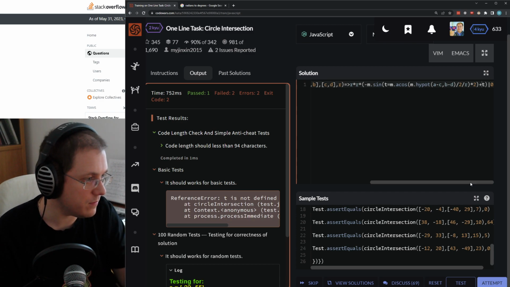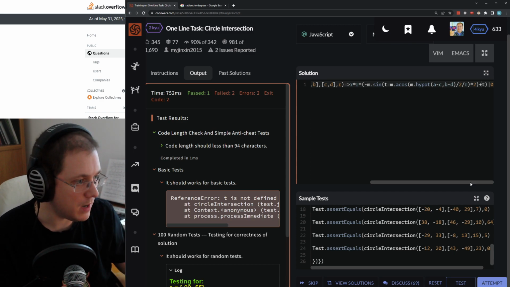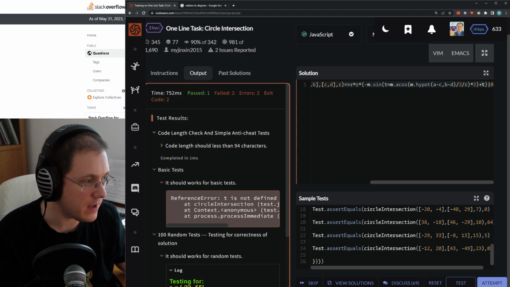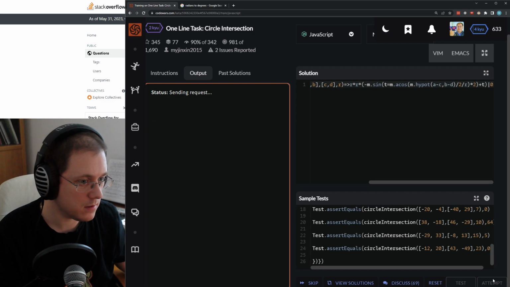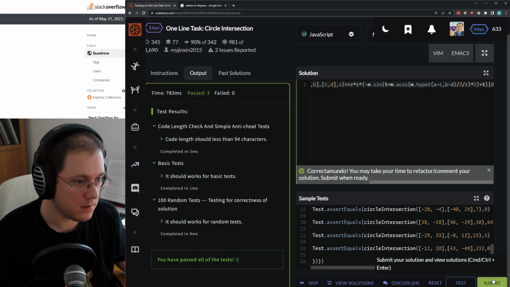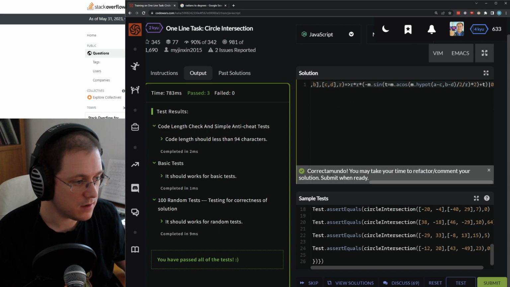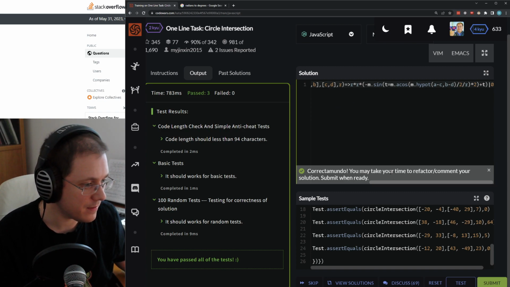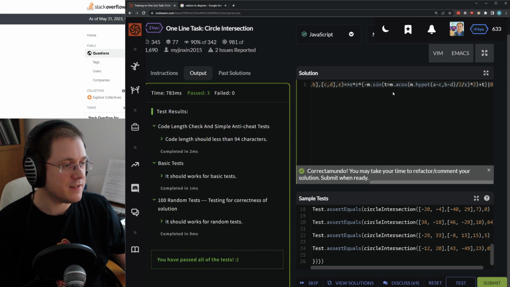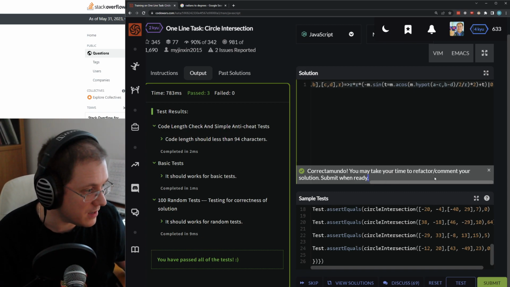So then we're doing some value minus the sign of that value plus t, which is now assigned. Oh yes, correctamundo. Nice. Well, that was a lot harder than I expected it to be.